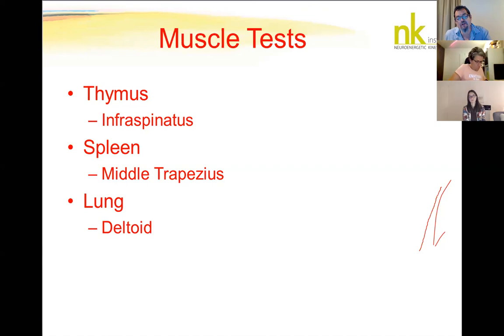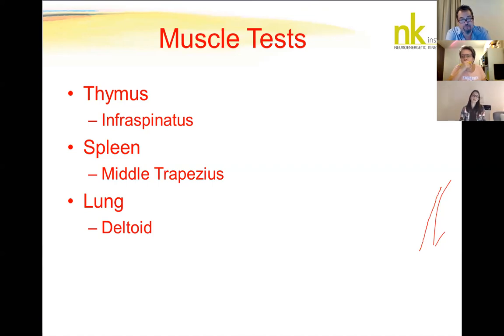The spleen, on the other hand, when we're talking about the spleen meridian, normally we can divide spleen meridian into spleen or spleen pancreas, right? And the pancreas is about blood sugar and digestive enzymes.